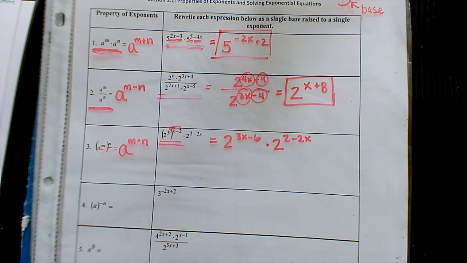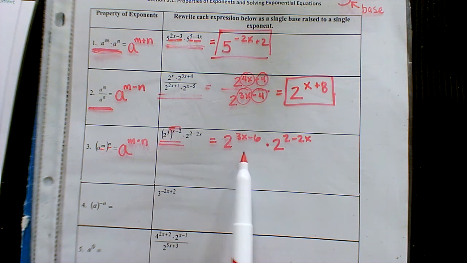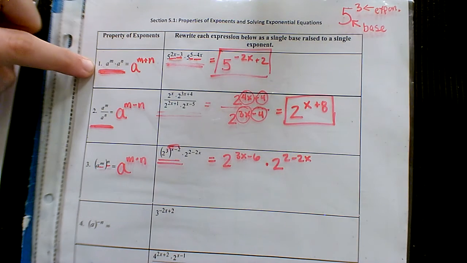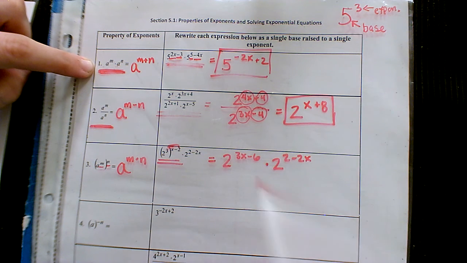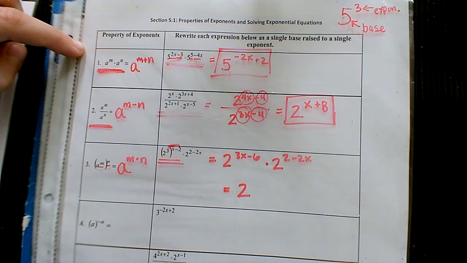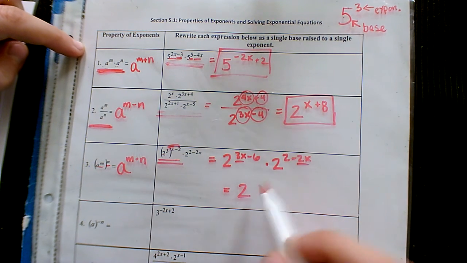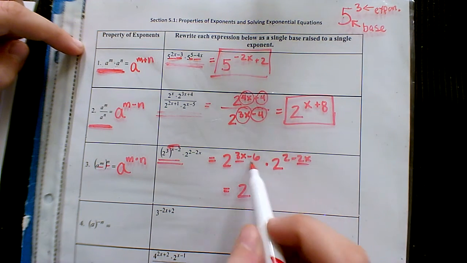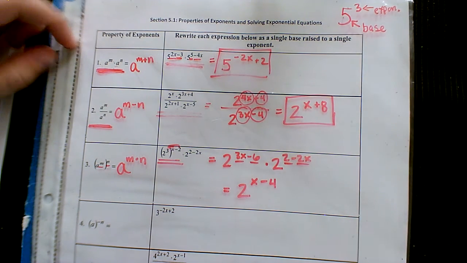We still have another term to consider here. So after we simplify the first term, now notice how we're multiplying two of the same bases together. So this is moving us back to this first property we talked about where we can add the powers. So we'll keep the base. Adding the like terms, we'll have an x and a minus 4.